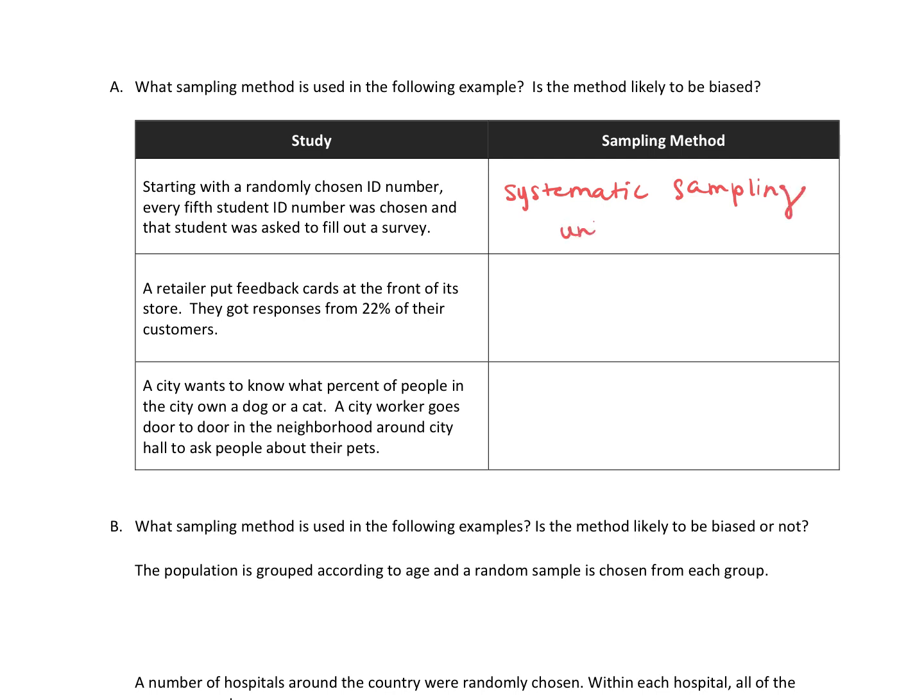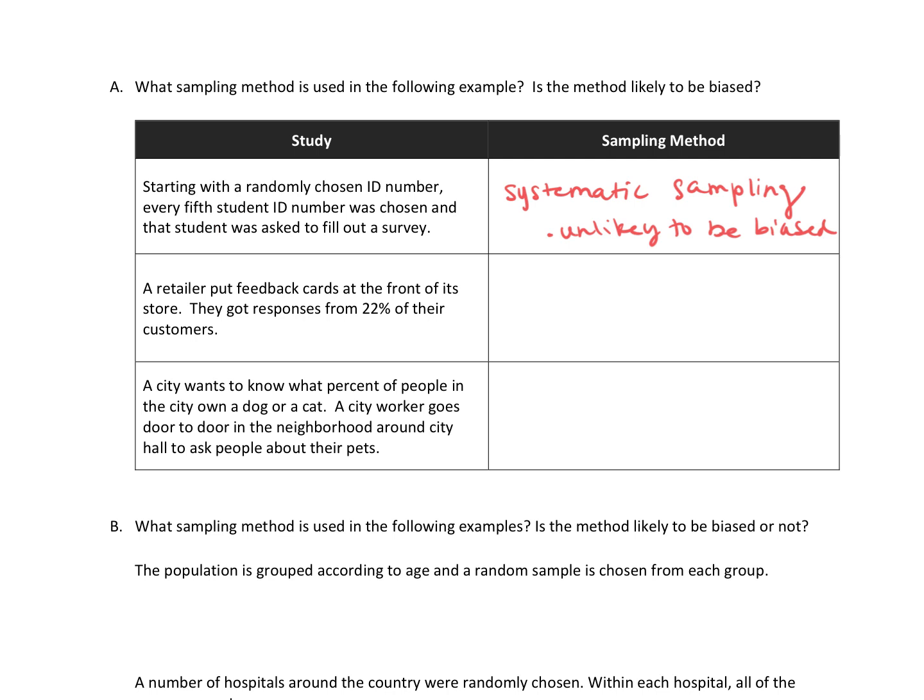And this is unlikely to be biased. So there was a system to choose the sample. They picked a random start and then they chose every fifth student.